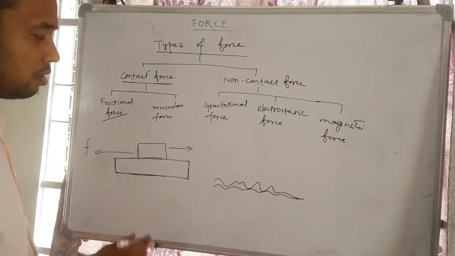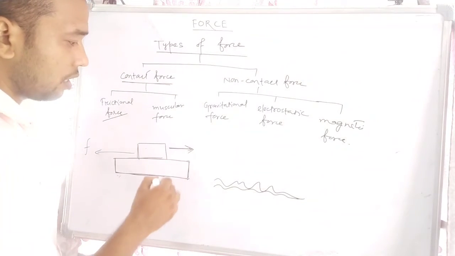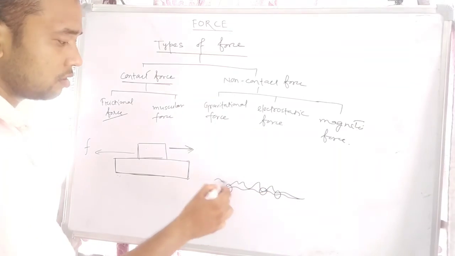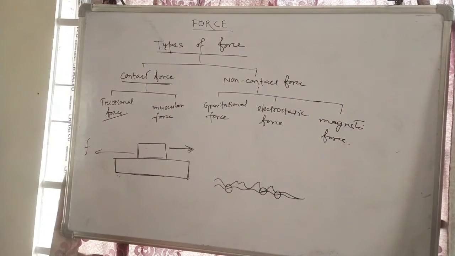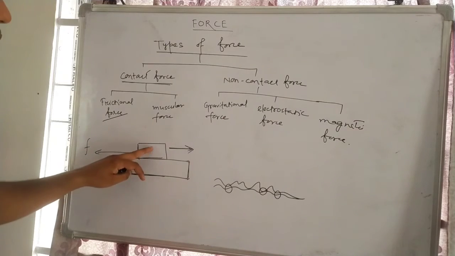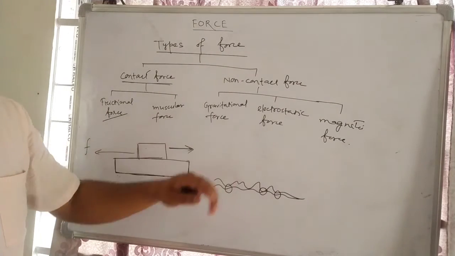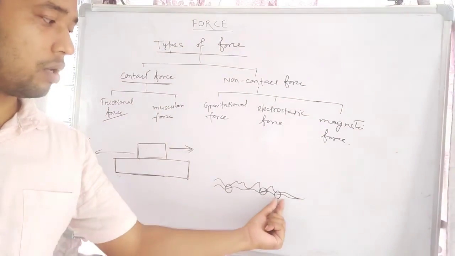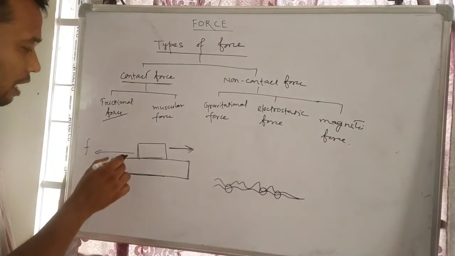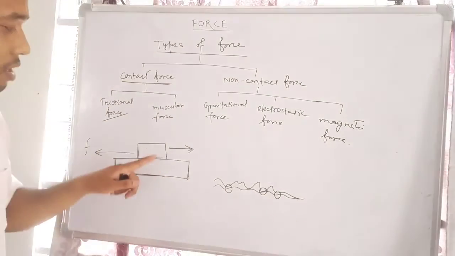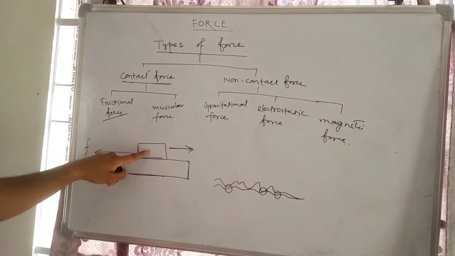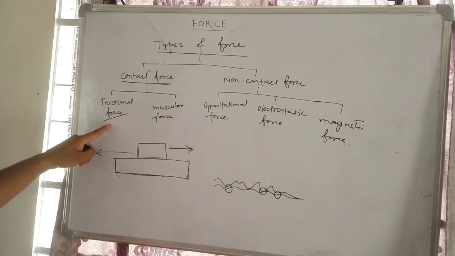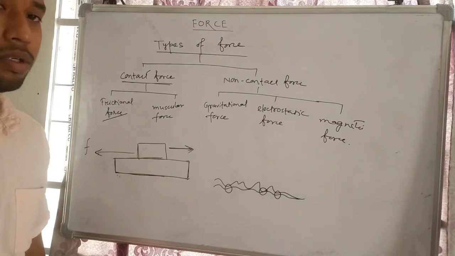So what happens when this object tries to move along this direction? In some cases the two surfaces will lock, and it will be difficult for this body to move. Due to this interlocking of the irregularities, a force acts in the opposite direction which opposes the motion of this body, and that force is called frictional force. Frictional force always opposes the motion of a body.